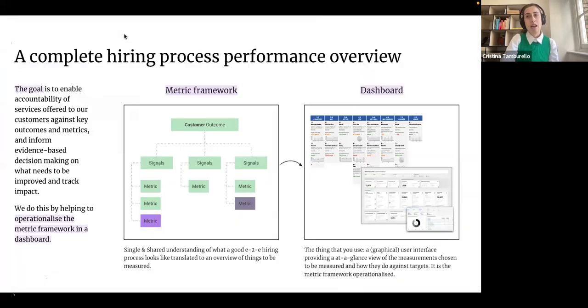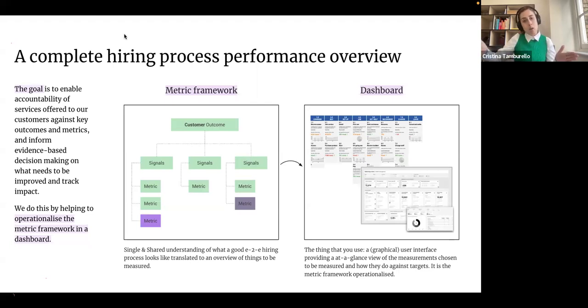Overall, the work that we did was twofold. On one end, by engaging with all the different functions, we tried to bring clarity and get alignment around what constitutes a good hiring process, hiring service, in the eyes of all the actors involved, for the business and for the operations, as well as for the employees.